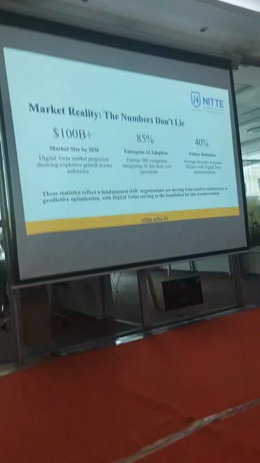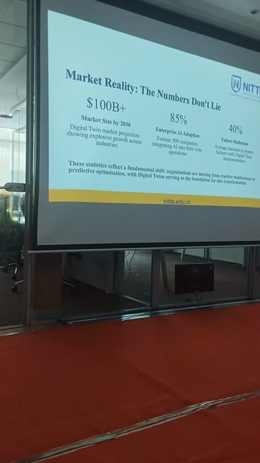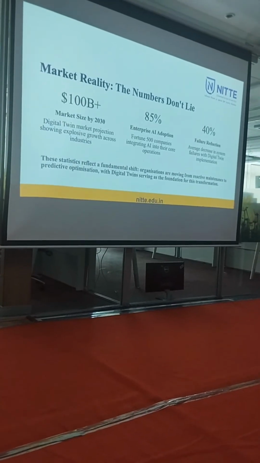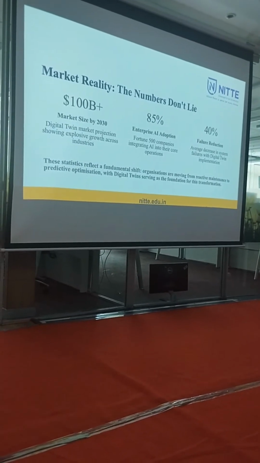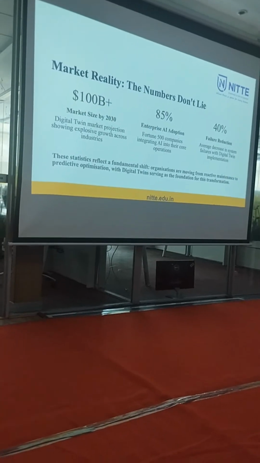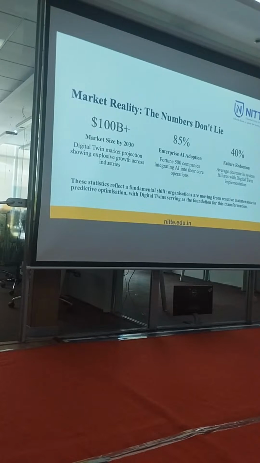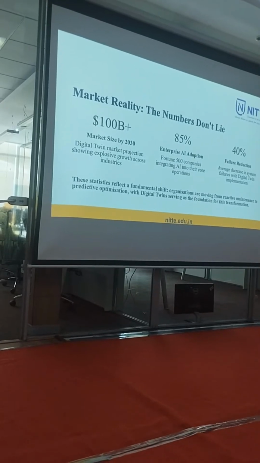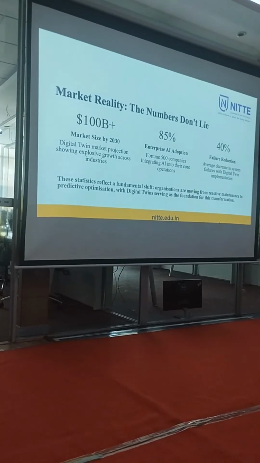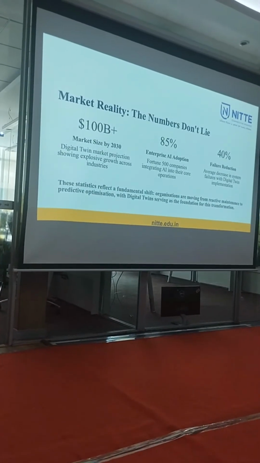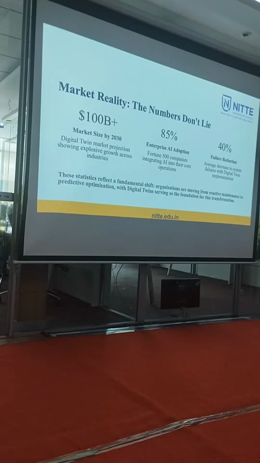Right. So this particular slide gives you statistics, and we are in the right direction. We are trying to understand what is the revolution that's happening, and we wanted to be part of the journey. So you can see the numbers, and especially I'm interested in the failure reduction: the average decrease in system failures with the digital twin implementation.